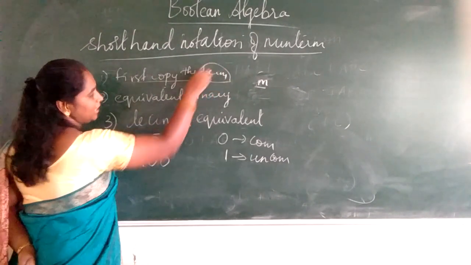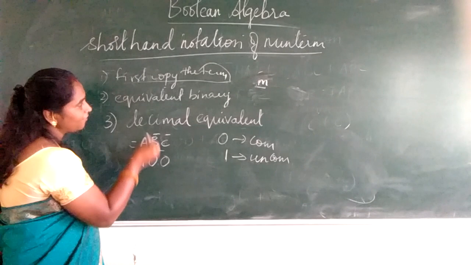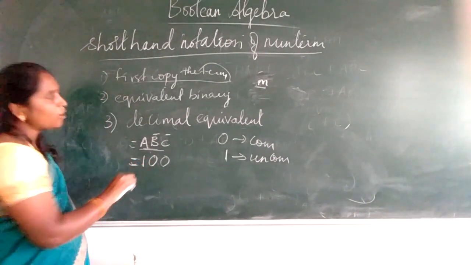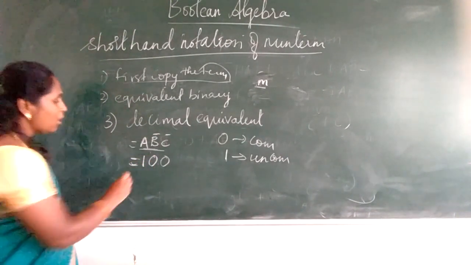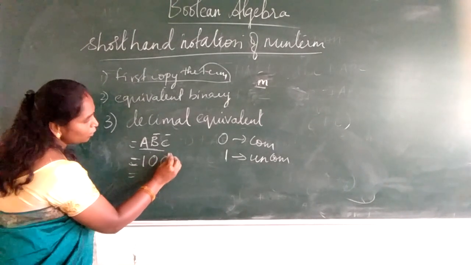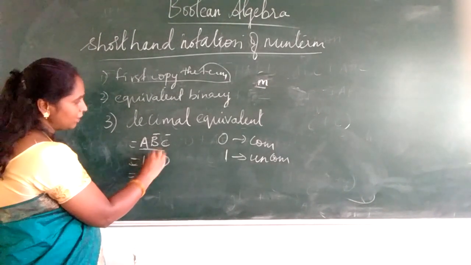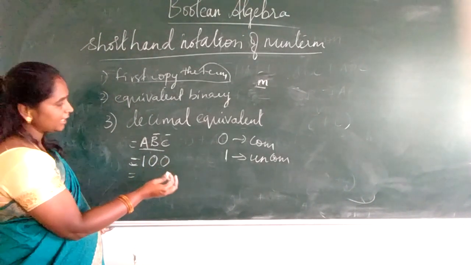First copy the term. What's my term? I have copied it and written the binary equivalent. Now you convert it to a decimal equivalent. You people have studied this in your first year, in your third chapter, the data representation.